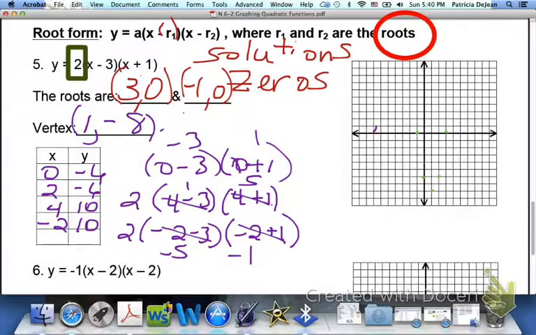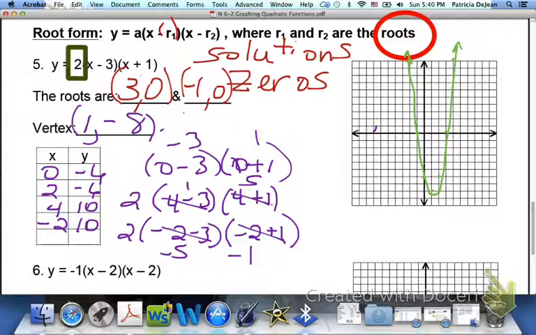And then we have 4, 10, and negative 2, 10, all the way up here. Okay, so we have our very skinny quadratic function that we graph.